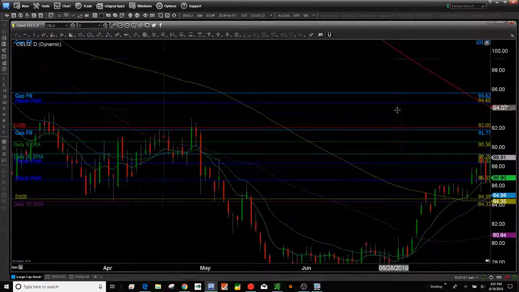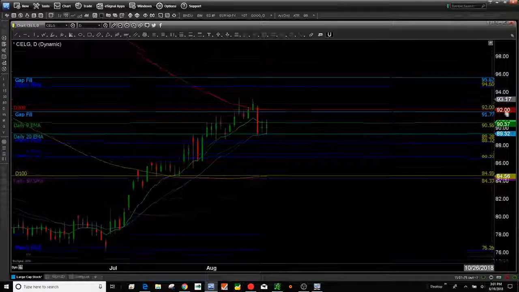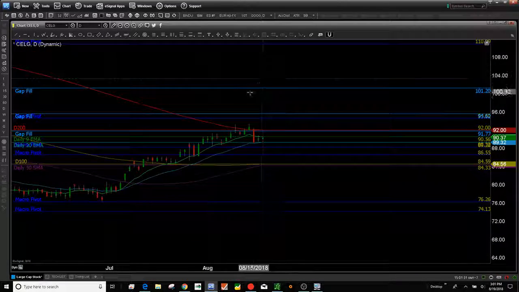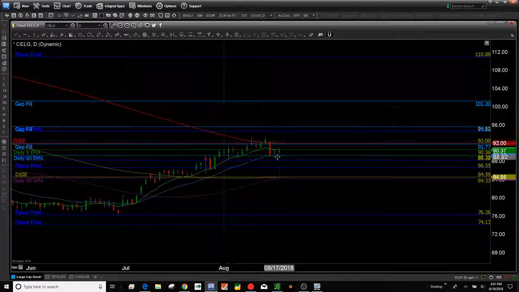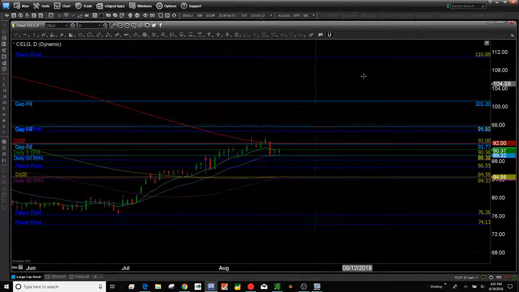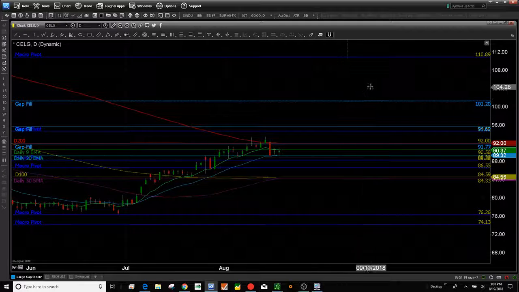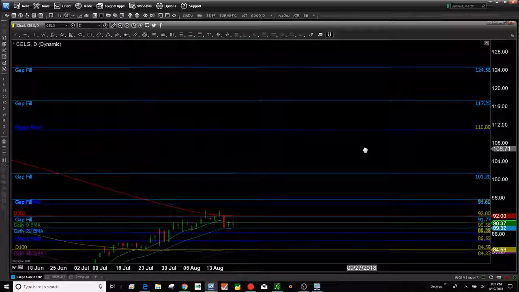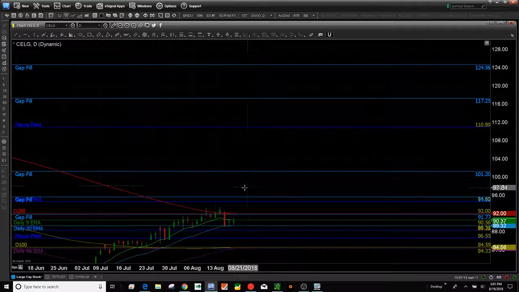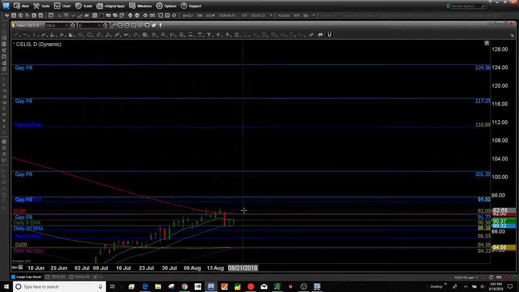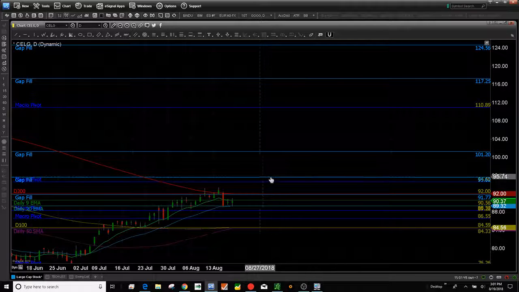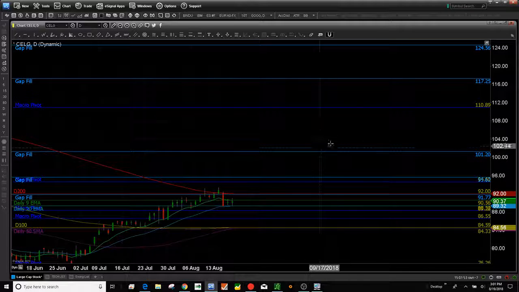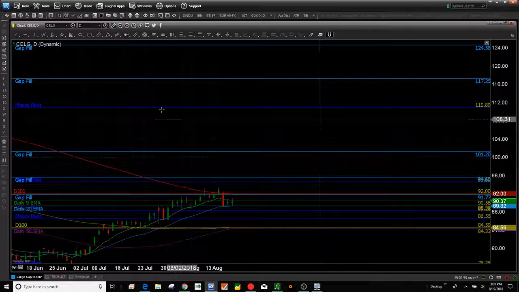And in terms of trying to trade this mess, really the trade to be had on Celgene in the future is when it starts getting above 100. The real trade, I think, is going to be through this area here. So, above the 200 with a 9 EMA pushing over, and then it getting over 96, and then eventually over 100.